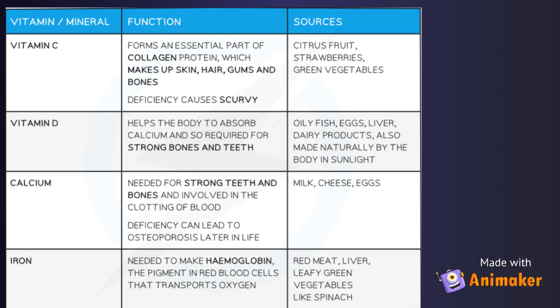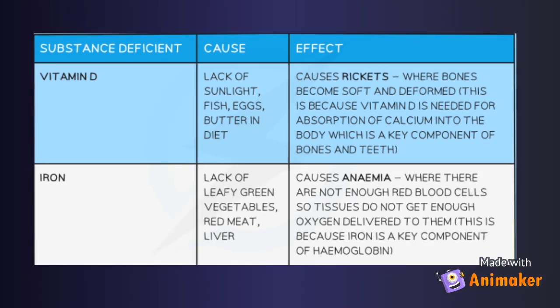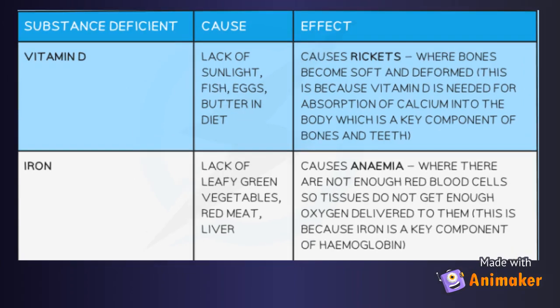Now let's see the causes and effects of vitamin and mineral deficiencies. Now the substance deficient is vitamin D. So the cause is lack of sunlight, fish, eggs, butter in diet. So this means that if you have a lack of sunlight, eggs, butter, fish in your diet, there are possibilities of getting vitamin D deficiency, and the effect of vitamin D deficiency will be rickets.